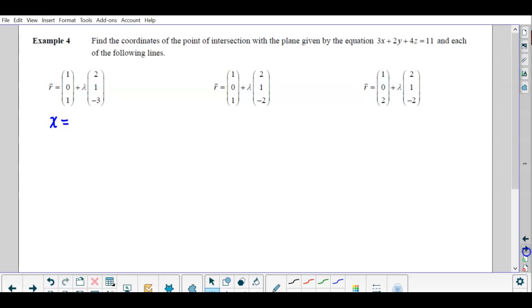So here, x equals 1 plus 2 lambda. Now we can replace that in for x. We replace y with lambda and z with 1 minus 3 lambda so that we get the equation just in terms of lambda.